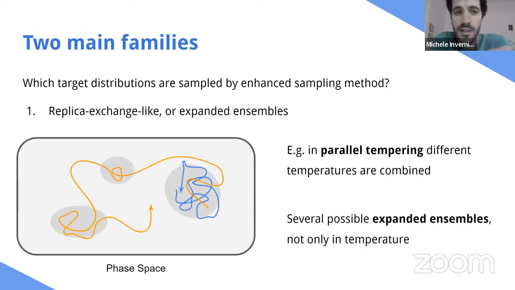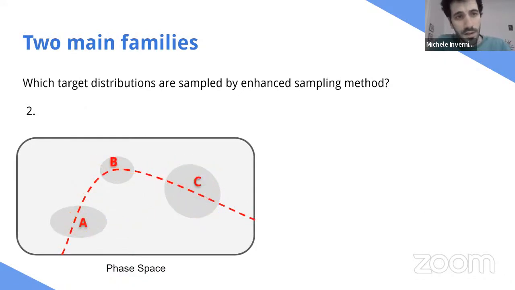I call it replica exchange-like, or expanded ensembles, or generalized ensemble. Many names can be chosen. But the idea is not just with temperature, but one can expand in this way the sampled ensemble. The other family of methods, you might already be guessing them.